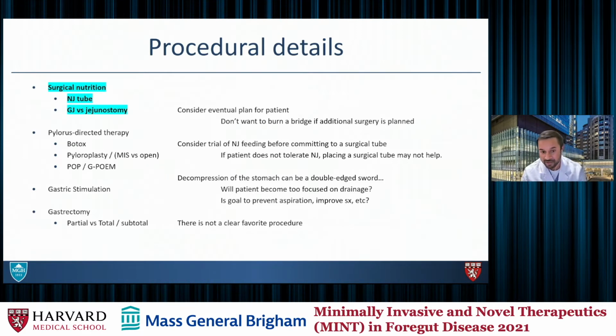Once the patient is able to tolerate that, then we can consider a GJ tube or a jejunostomy tube. Oftentimes, a gastric tube can be used by the patient as a venting or decompression mechanism to alleviate some of their symptoms of nausea and vomiting. But all of these tubes have their complications, so you need to make sure that the patient can, first of all, tolerate the tube feeds.